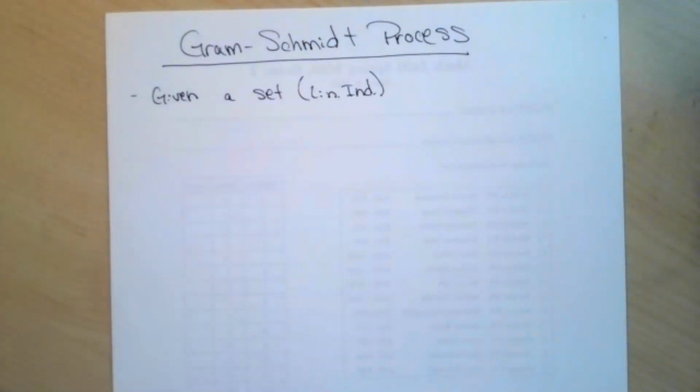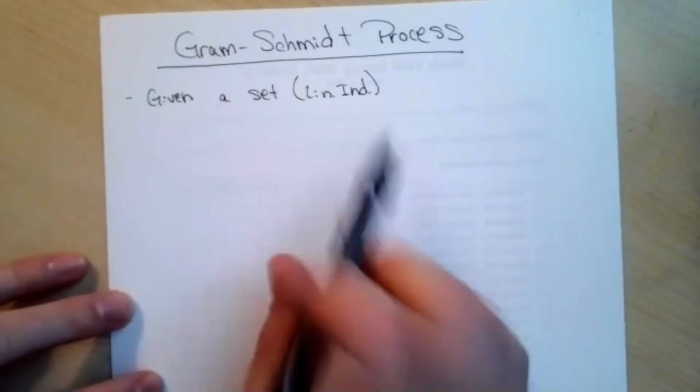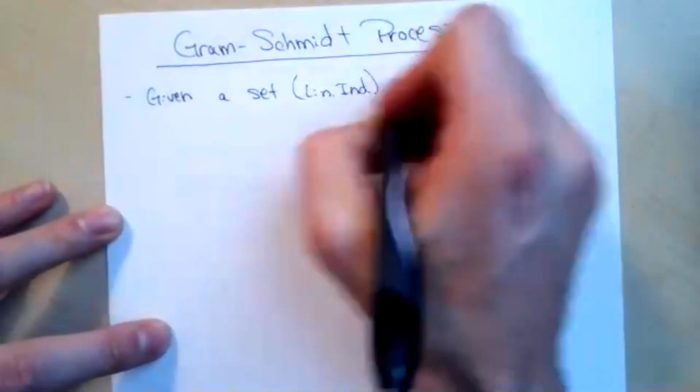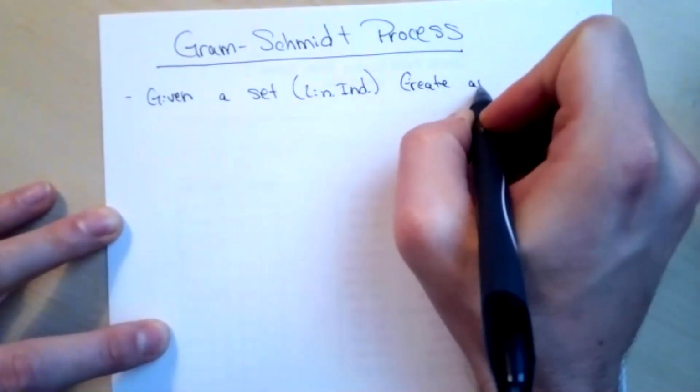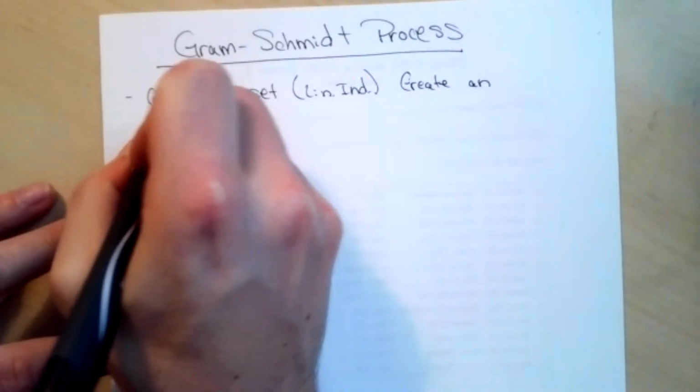If you have too many vectors that are not linearly independent, you can always throw some of them out and reduce the number of vectors until you get a maximal linearly independent subset. So we're going to assume we're given a linearly independent set, and we want to create an orthonormal set.